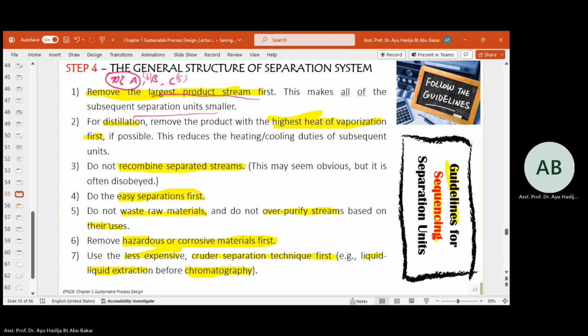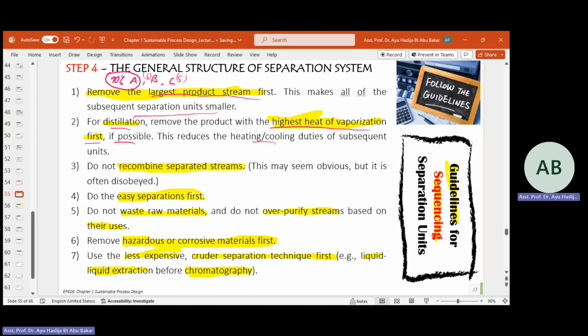Then for distillation, remove the product with the highest heat of vaporization first, if possible. This reduces the heating and cooling duties for subsequent units.